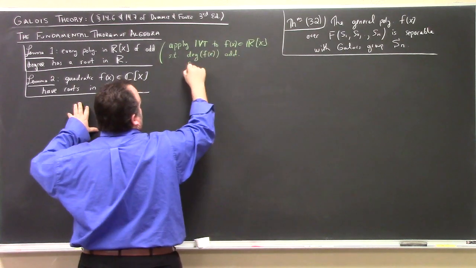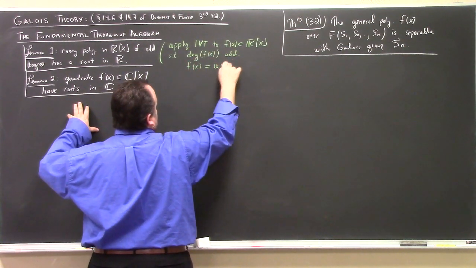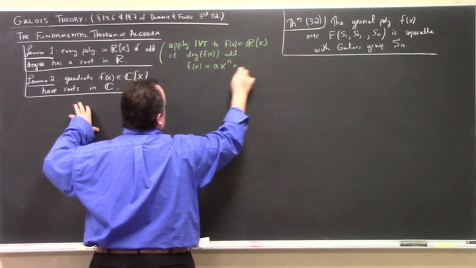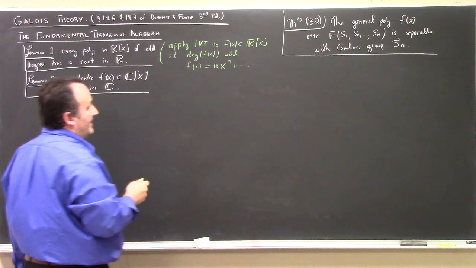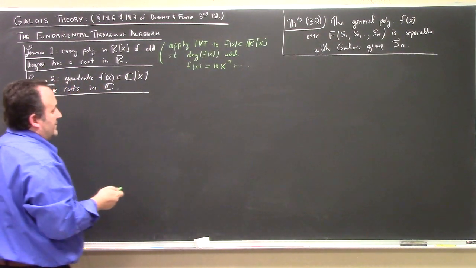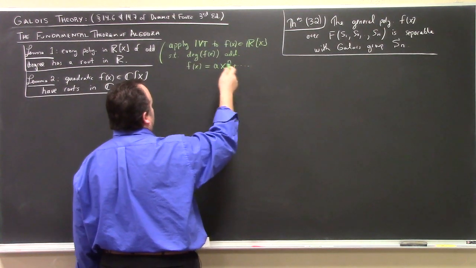So if you think about that, f of x equals a x to the n plus stuff, where n is odd. What happens to this?